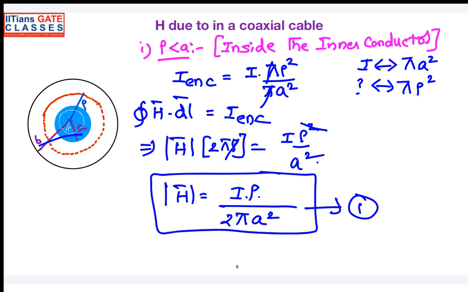Now I am giving an exercise. What will happen when you consider a loop completely outside the coaxial cable? That means when rho is greater than b. When rho is greater than b, you do the same method and tell me what will be the magnetic field intensity. You can take time and you can tell me, not a problem.